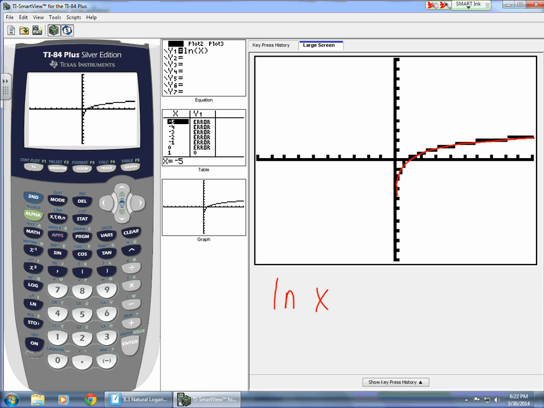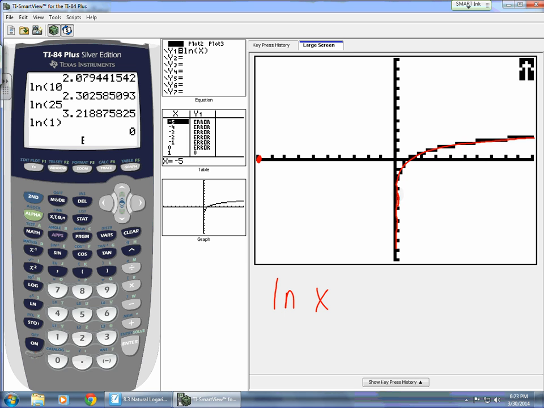Does it look like that'll ever go past the y-axis there? The equation is x equals 0 for that. Does it ever look like it'll go past there? I believe it's just getting super, super close. And so, of course, if we're trying to figure out where x equals negative 10, what's the y value for that?